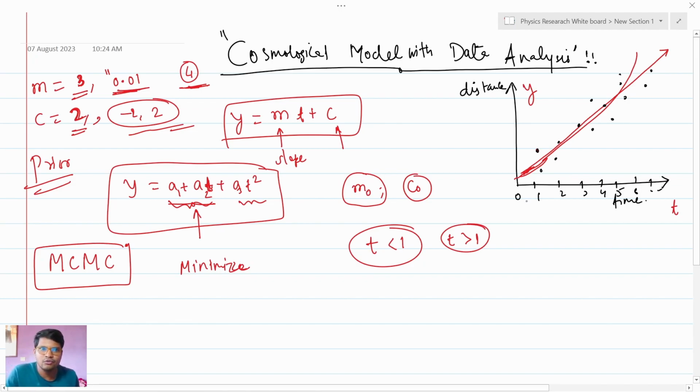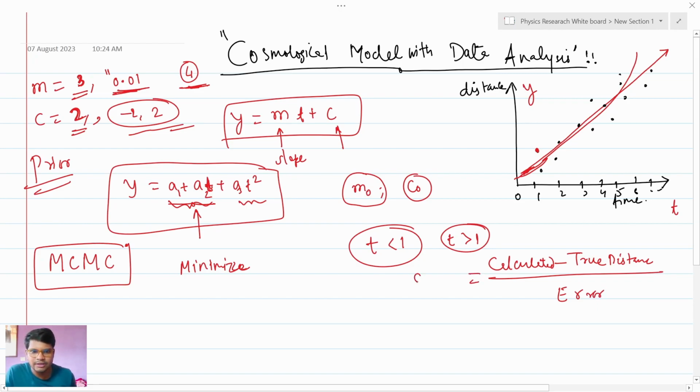And then it tries to fit, okay, this is your true value. So let us say this is your true distance. Okay, this is the calculated distance, and since somebody has already estimated what could be the error, this is the error. Okay, whatever the error is in the data, and now it will give you the chi-square.